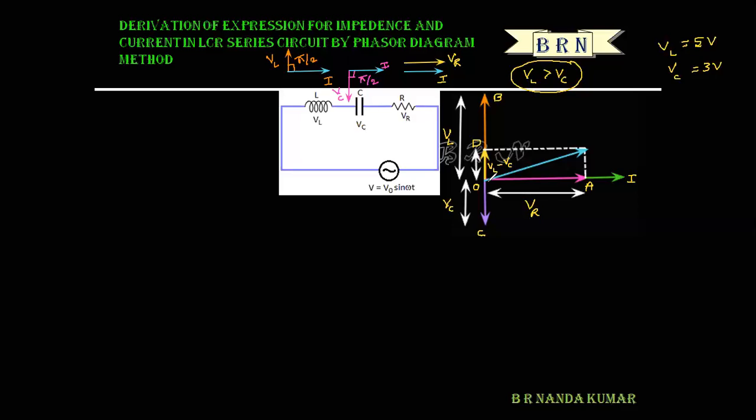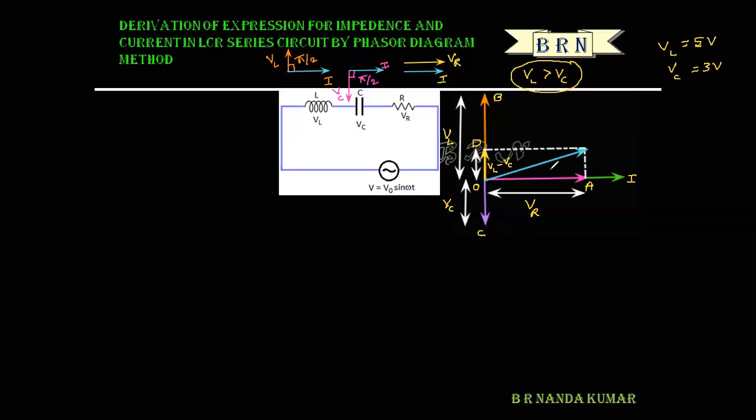After that we have to calculate the resultant of VR and VL minus VC. VR is along OA, VL minus VC is along OD. Two vectors acting at the same point, mutually perpendicular to each other, so the resultant lies along the diagonal of the rectangle.